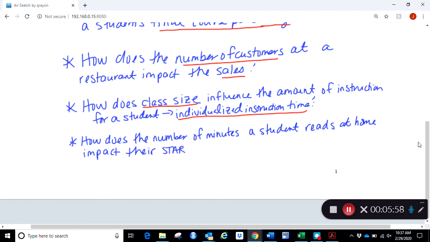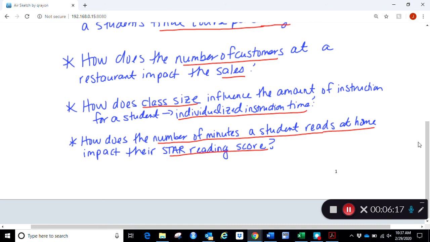So STAR is just a standardized test in Kentucky. So we have number of minutes a student reads at home and their STAR reading score.